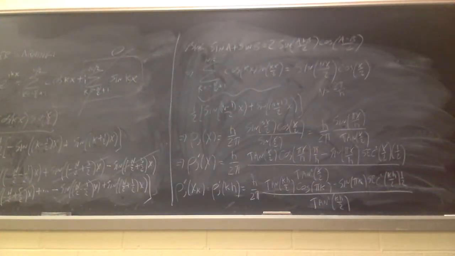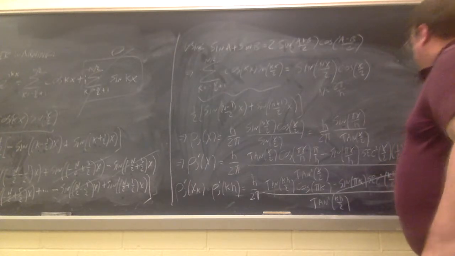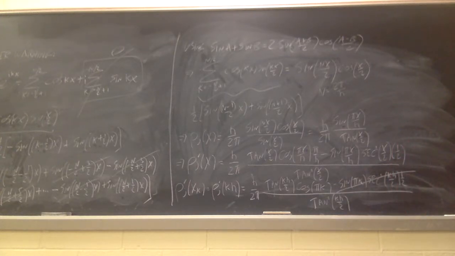So sine or cosine of a multiple of pi is what? Cosine is 1 and sine is 0. Sine is 0, so this whole term goes away, and cosine is plus or minus 1, depending on whether k is odd or even. It's 1 when k is even, and minus 1 when k is odd.